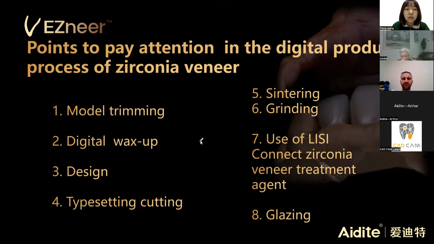The first is the model training, and the second is the digital workshop and the design, and also the same way as when we make normal crowns: the tab setting, cut and the stain, sintering, grinding. And the seventh point is very important, like using the laser connect. And finally, glazing.